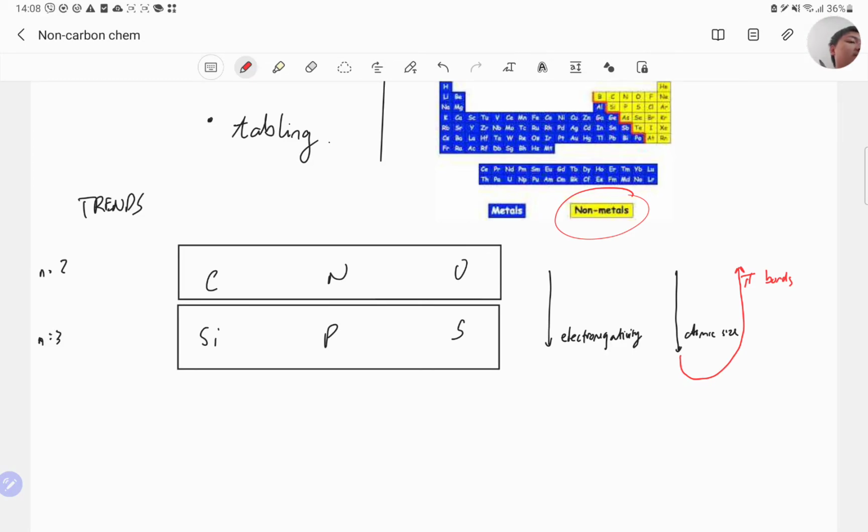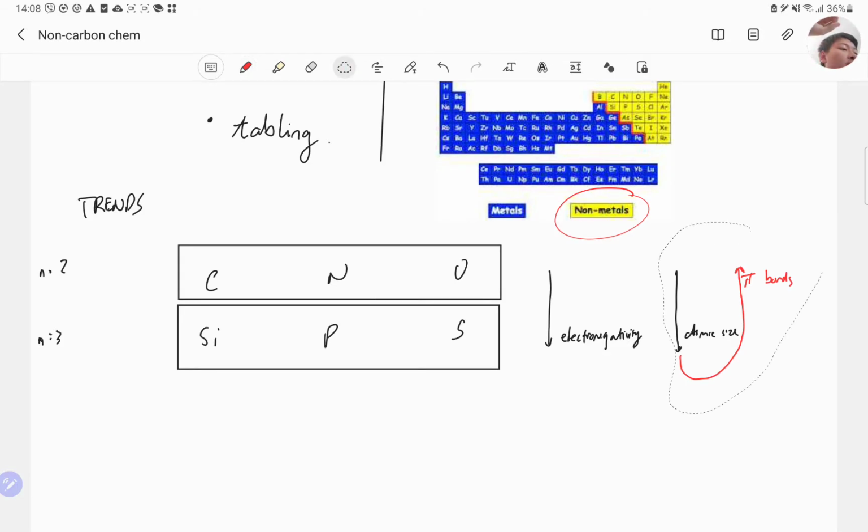Is there anything else? If I can't remember, I'll have to look at the notes. Size, pi bonds. Yeah, okay, so the larger the atomic size, the more orbitals you have.